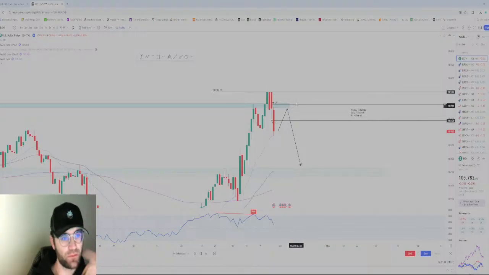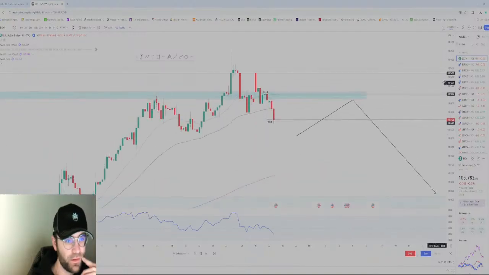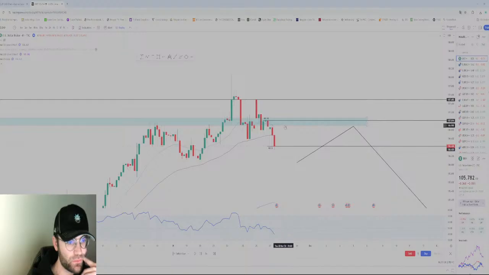So a test of this area of interest would actually be good, but would it make the 4-hour bullish? As long as it's under here, it's not bullish yet. So I'll set an alarm for now, just a little below.